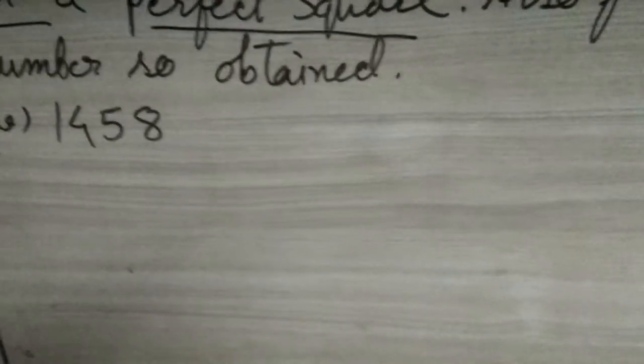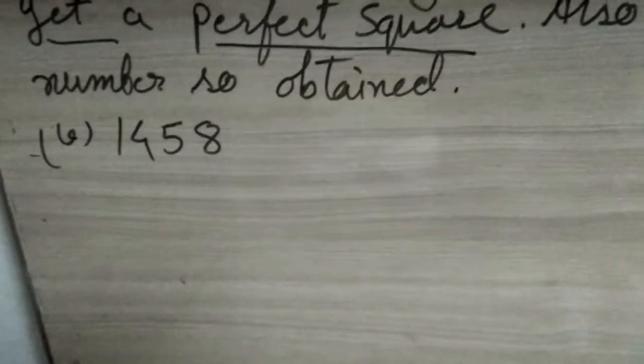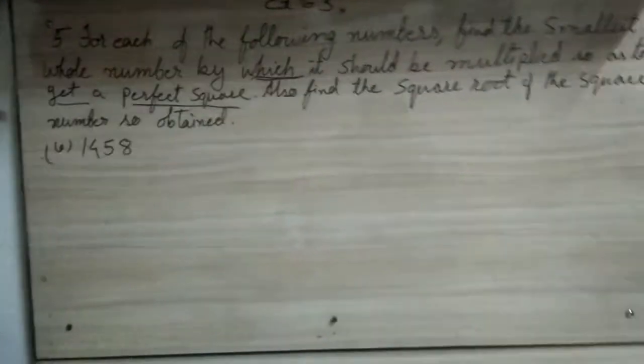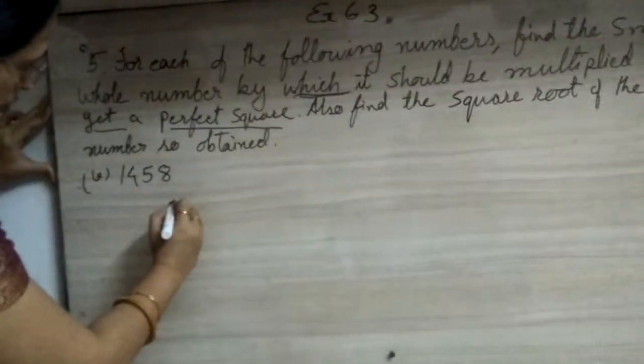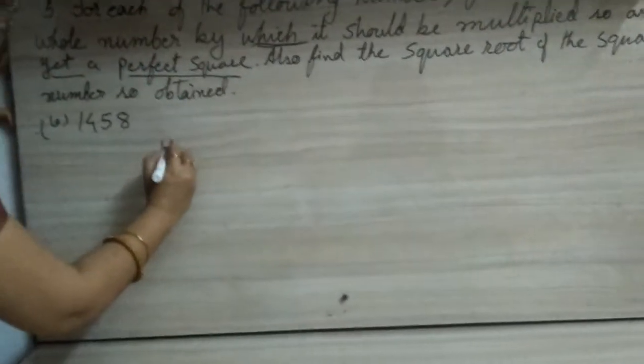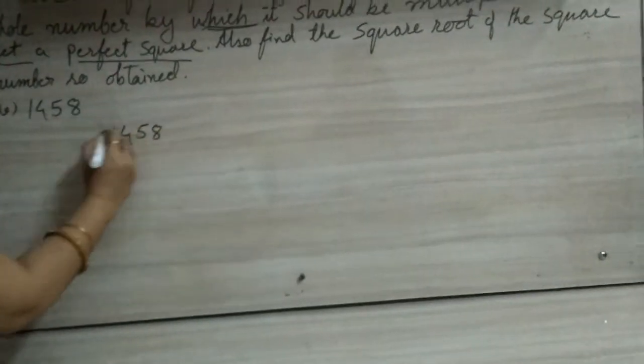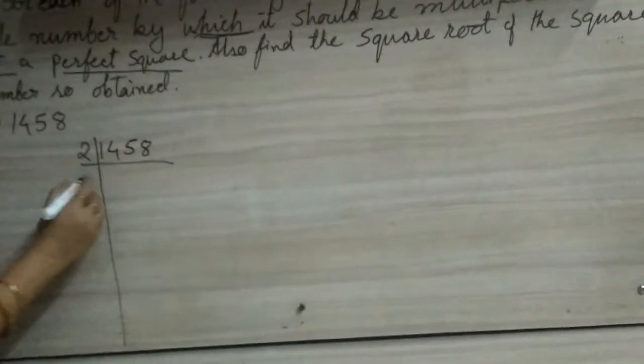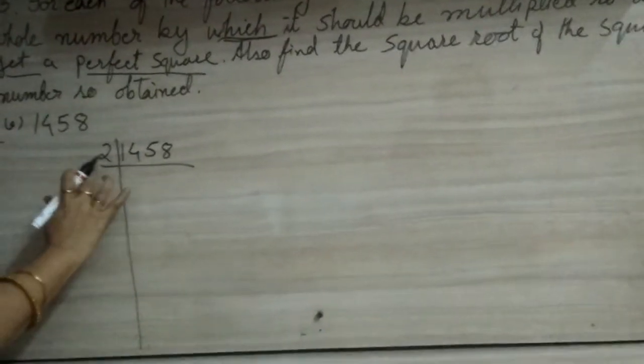Okay, now here again you have to find what should be multiplied in 1458 to make it a perfect square. So we will do the prime factorization of 1458 starting with 2 because 8 is a even number.